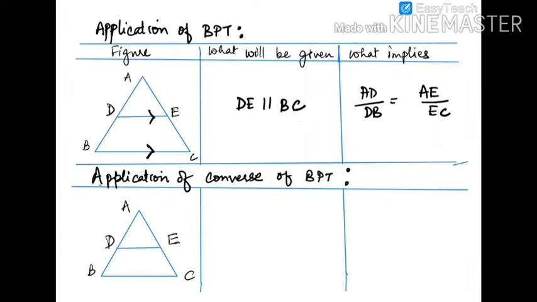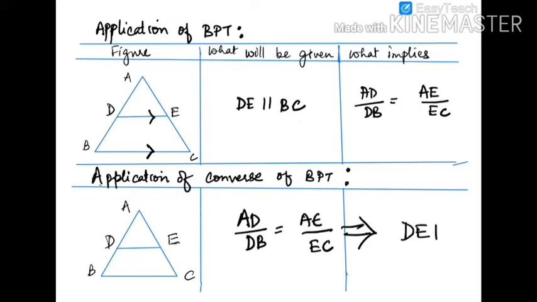But if it is given in the question that AD upon DB is equal to AE upon EC, then this implies that DE will be parallel to BC. Once this is clear, we can begin with questions.